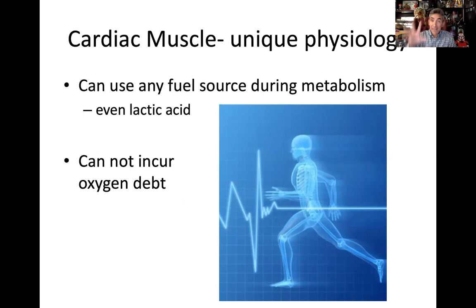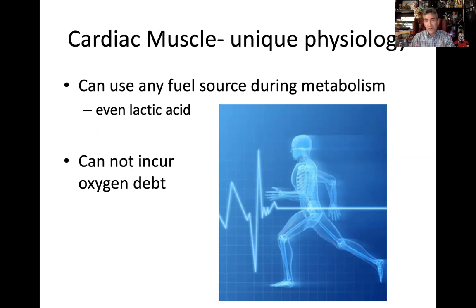However, a big however, they cannot incur an oxygen debt. So most of the other body cells can go a little bit of time without oxygen. They shift into the fermentative state, generating the lactic acid itself, but not heart cells. Heart cells can metabolize lactic acid, but they can't be subjected to an anaerobic situation, which would therefore produce lactic acid, if that makes sense.